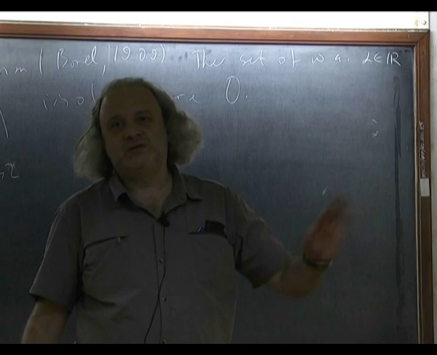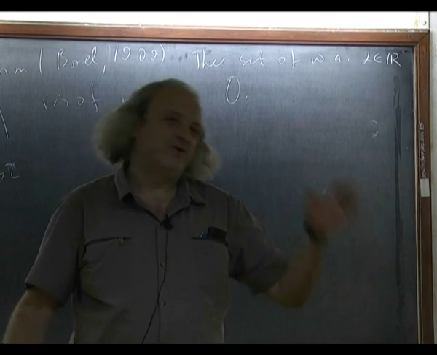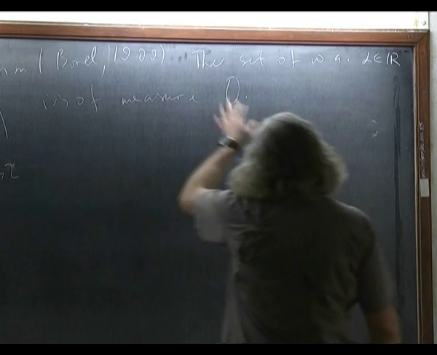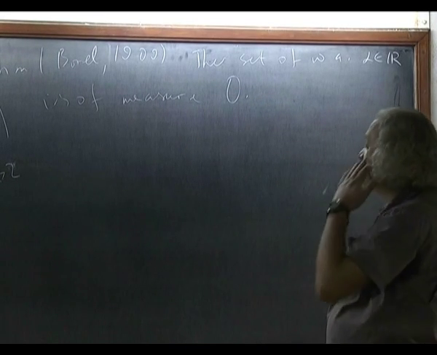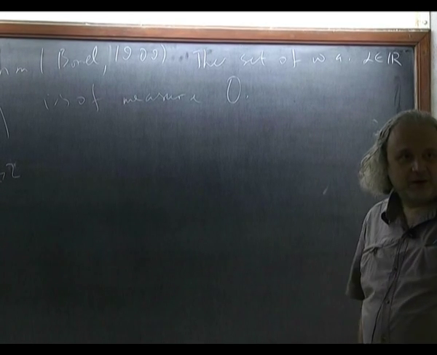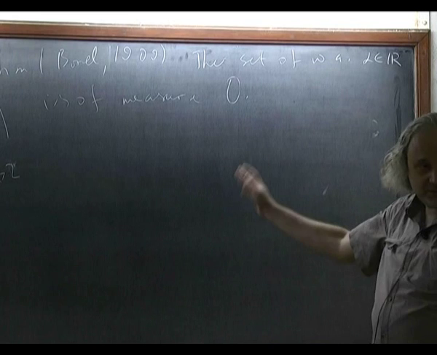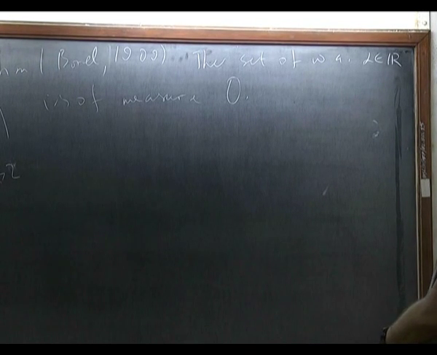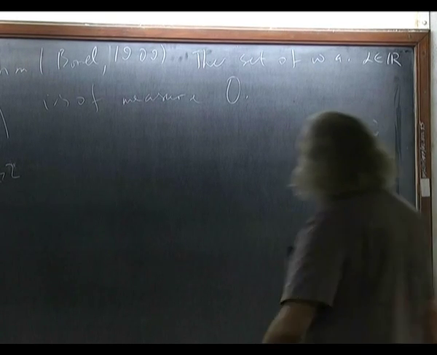I already forget which is big, which is small, first or second. But already Liouville numbers are of big Baire category, so it's big. Okay, so the set of well approximable numbers is of Lebesgue measure 0.